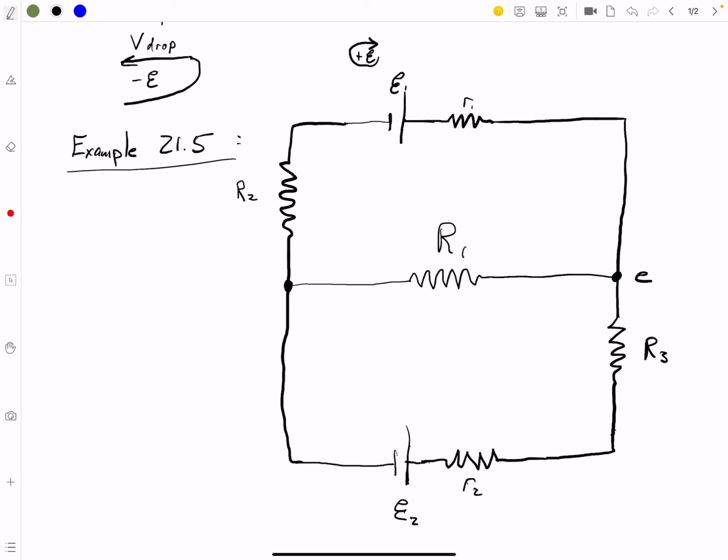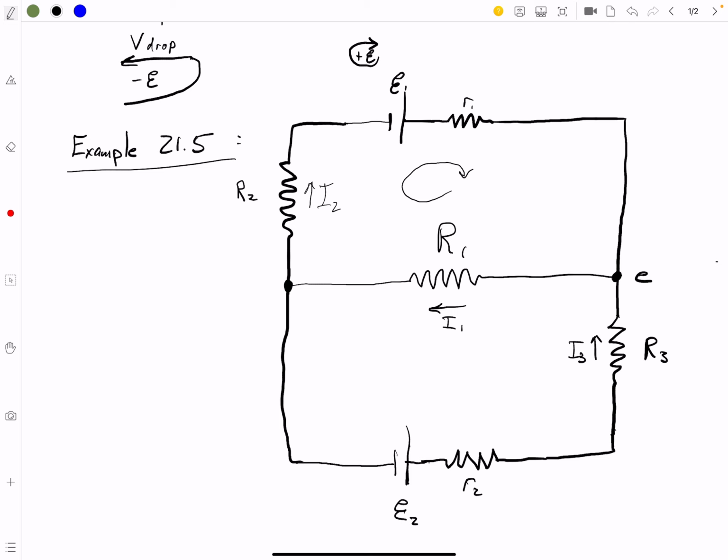All right, so we're saying, first of all, that the current is going across R1 in this direction. I'm just labeling them the way that they did in the book. We're choosing I2 to correspond with R2, and we're choosing I3 to correspond with R3, but that means that I2 is not going to change all the way around this circuit.